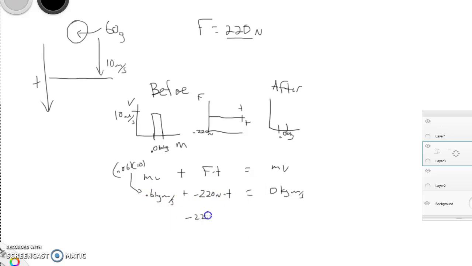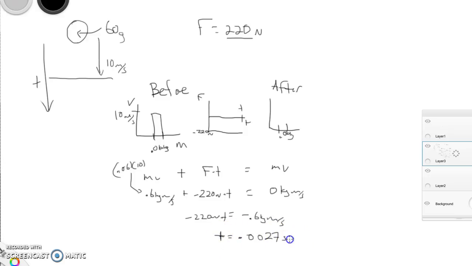We get negative 220 newtons times t equals negative 0.6 kilogram meters per second. We'll divide by negative 220 and get a time of 0.0027 seconds. That's about 2.7 milliseconds.